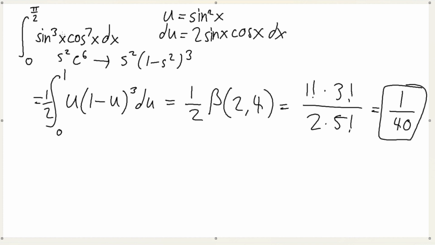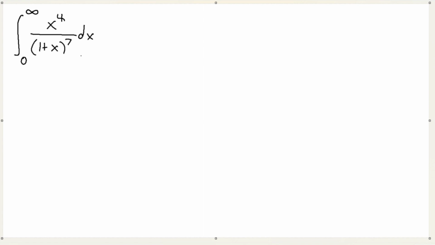Now, if we were to do this with a u substitution, like let u equal 1 plus x, this would have been torture, because then you would have to express u minus 1, and then a bunch of polynomial terms, dividing everything by u to the power of 7.